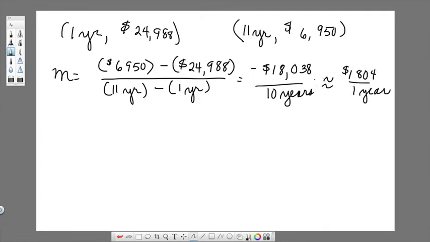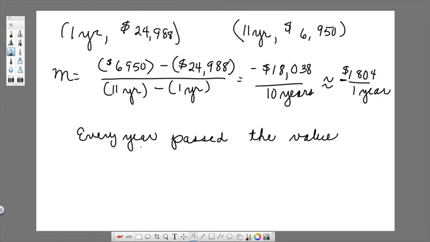What does it mean? And this guy was negative, don't forget. And what that means was that every year that passed, the value of the truck went down because it's negative.